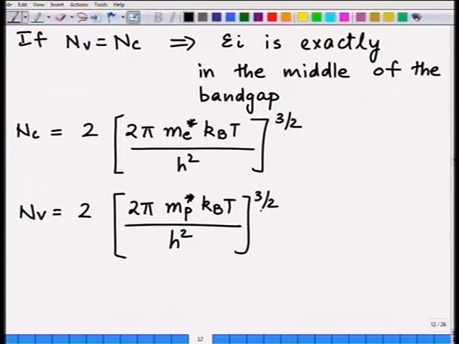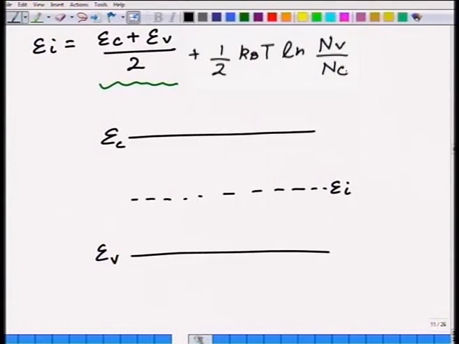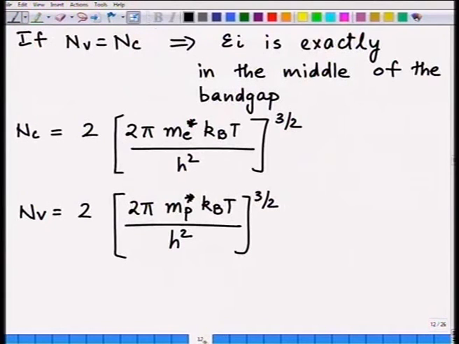That means if the effective mass of electron was equal to the effective mass of hole, then NC and NV will be equal, and this will be precisely in the middle.